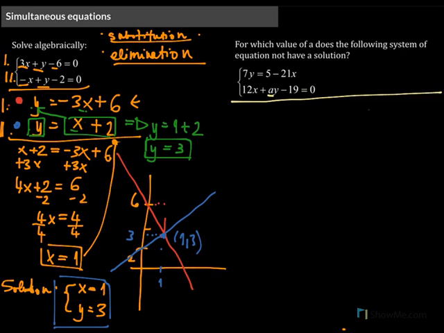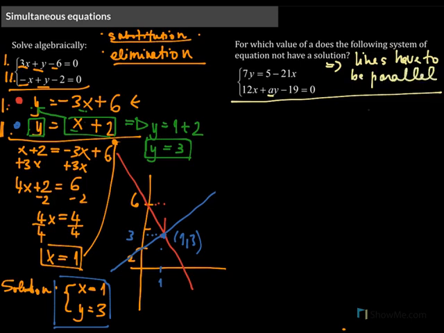The system of equations does not have a solution if the two lines don't have an intersection point, if they are parallel. So the lines have to be parallel.